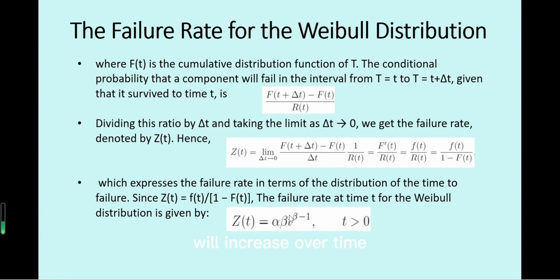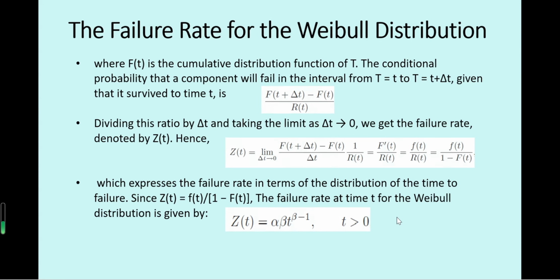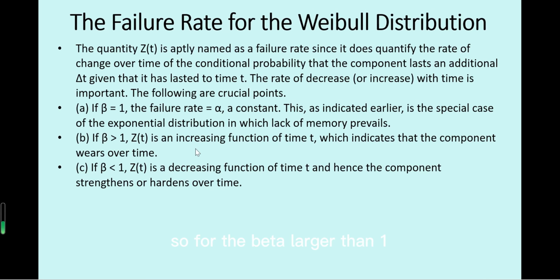It will increase over time, because beta larger than 1, so the power part is larger than 0. So when t increases, this term will also increase, right? So for beta larger than 1, the component will wear over time, and will be more likely to fail after a longer time.